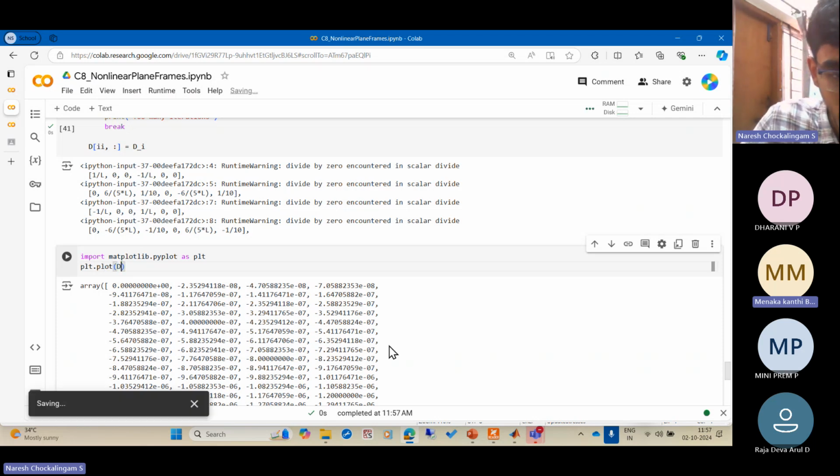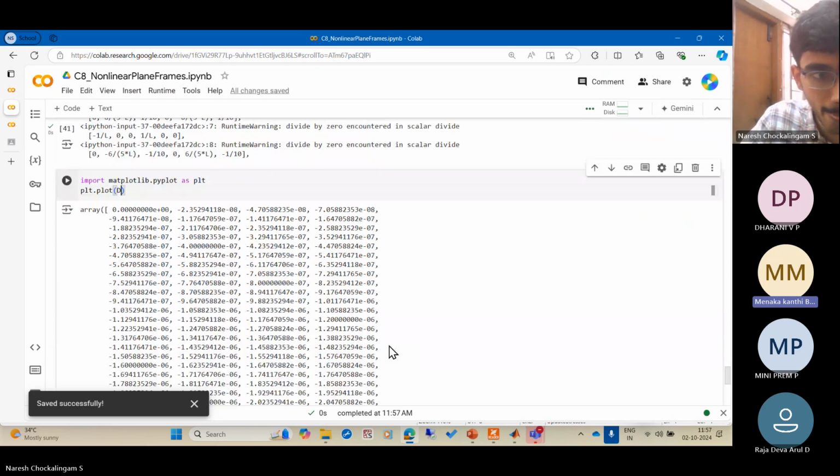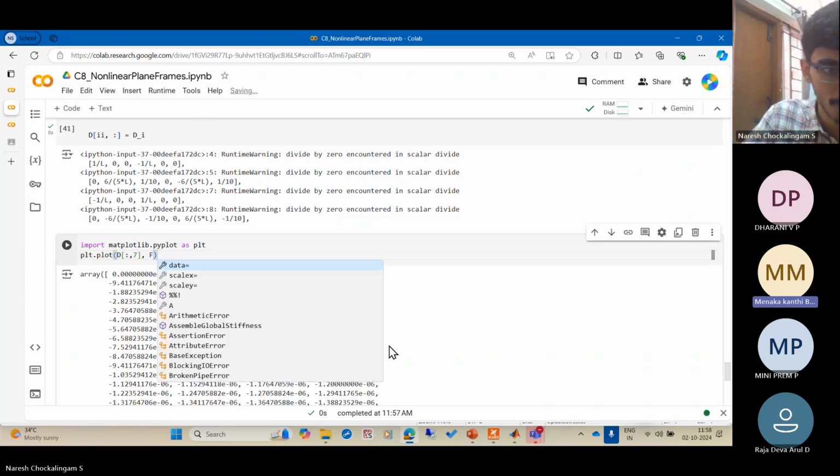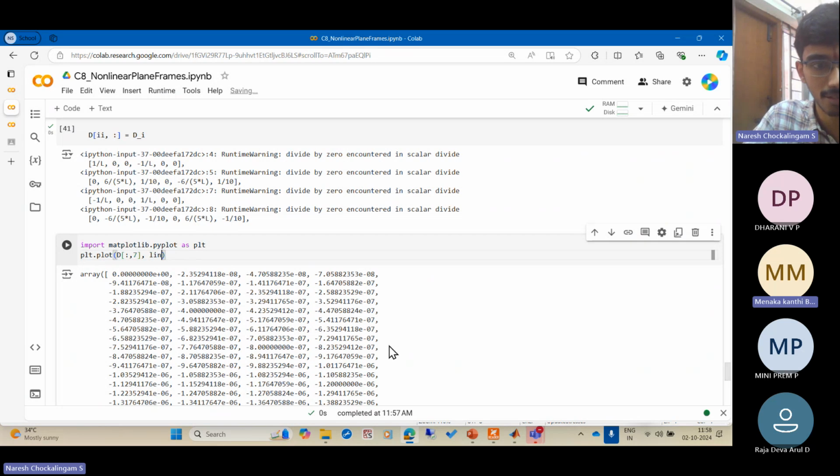So d of colon comma 7 comma f of, actually a comma linspace np dot f comma 0 comma 1100 comma, what is it?